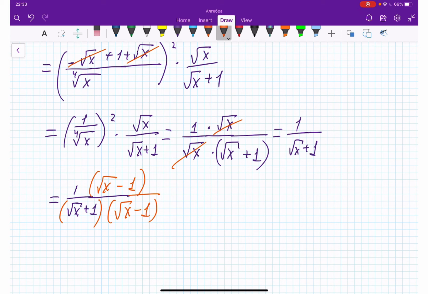And I'm getting square root x plus 1 times square root x minus 1. I'm getting x minus, oh, yeah, x minus 1. And here I'm getting square root x minus 1.